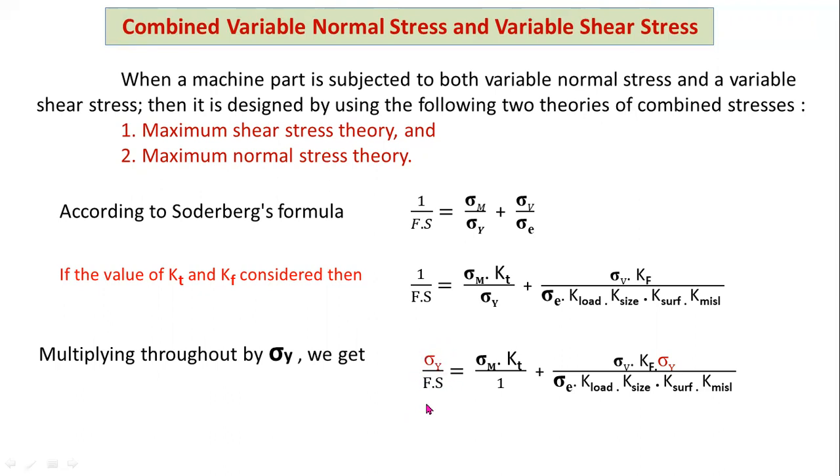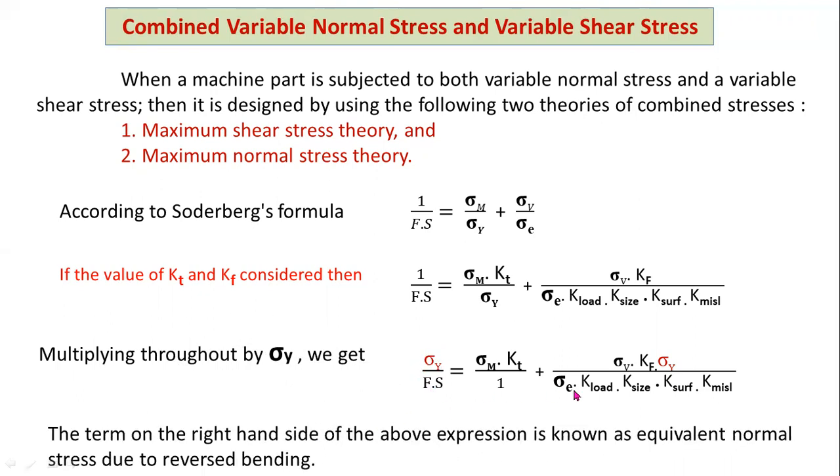So the expression on the right side is called the equivalent normal stress, because sigma y by Fs is the maximum normal stress.